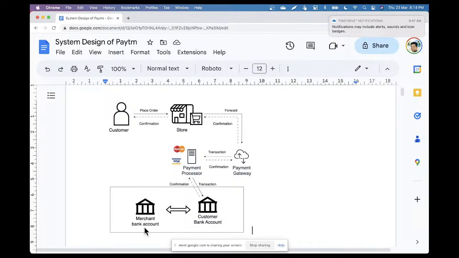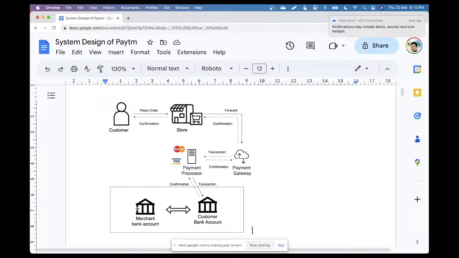But the merchant may be paid later. There could be reconciliation, and the transfer to the merchant bank account may happen on a daily basis or on a weekly basis as per his preference. So the payment gateway takes care of settlement with the merchant bank account.